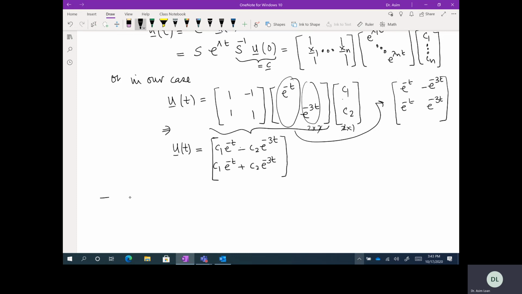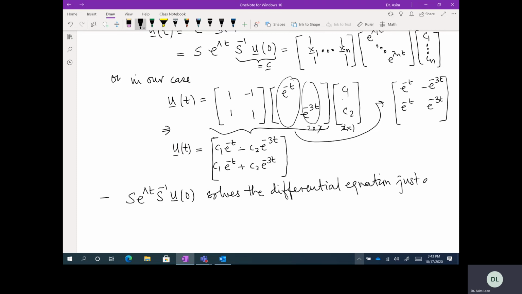So S e^(Λt) S inverse u naught solves the differential equation, just as S Λ^k S inverse u naught solves the difference equation.